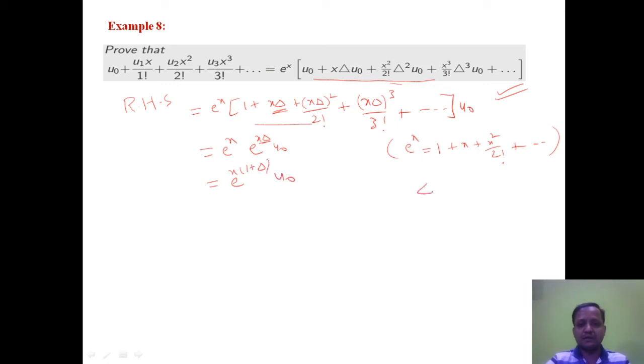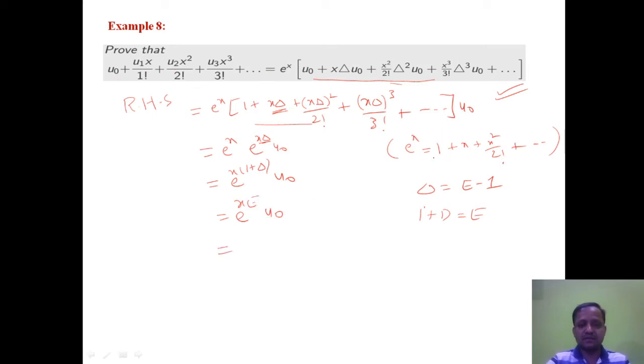We know delta is equal to E minus 1, the forward difference operator. So you can substitute. We want 1 plus delta, and 1 plus delta is nothing but E. Here e power x E u naught. But the LHS contains u naught, u1, and so on, the expanded form.